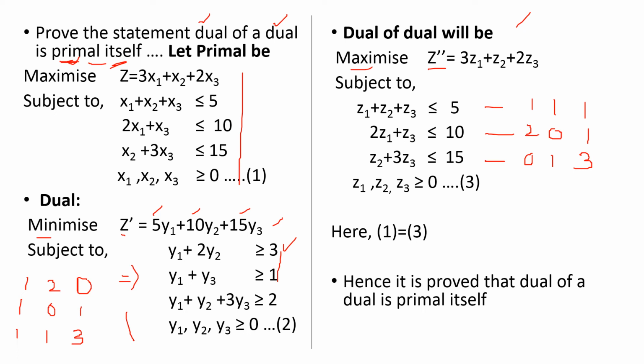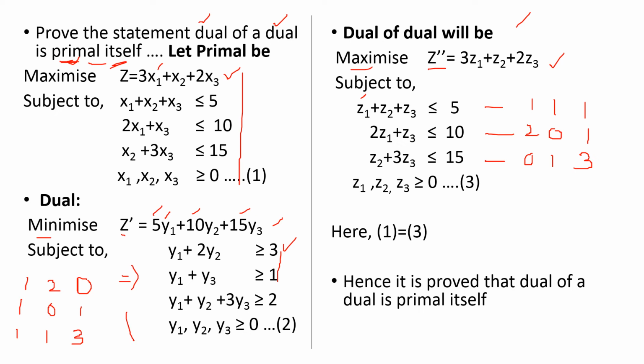Okay, and here the question was x1, the first dual was y1, and for the second dual it will become z1. See, this is the same as the primal. Okay, so this is a proof. This is a commonly asked question in examination: prove the statement dual of a dual is primal itself.